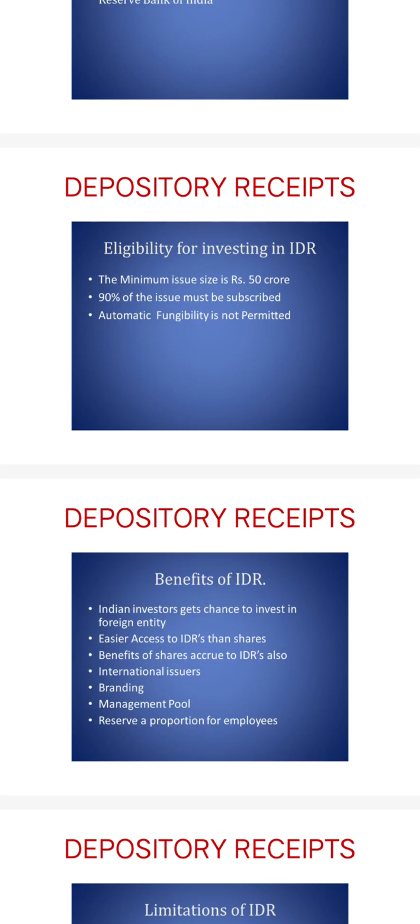Some of the eligibility criteria for investing in IDRs: the minimum issue size is rupees 50 crores. Next, 90% of the issue must be subscribed. Next, automatic fungibility is not permitted. These are the eligibility criteria for investing in IDRs.